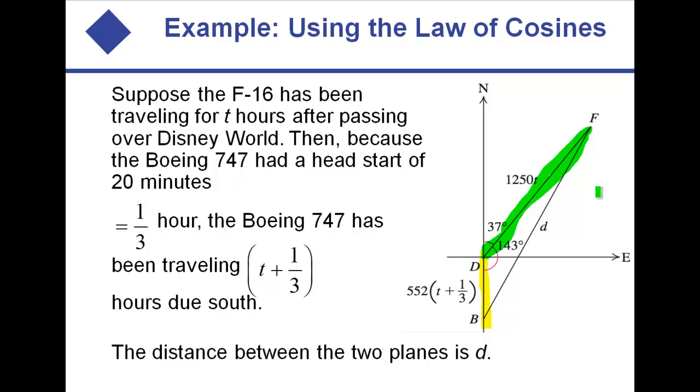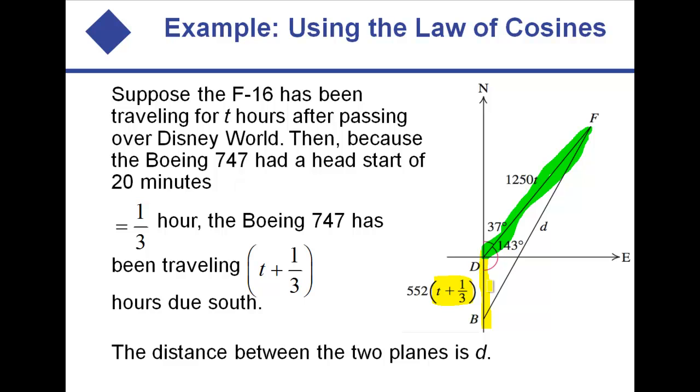Now, if we start the clock when the second plane travels over Disney, when the F-16 passes over it, then the time for the Boeing is t plus 1/3, because remember the Boeing passed over 20 minutes before, so it's already gone 1/3 of an hour. We're letting t be hours.